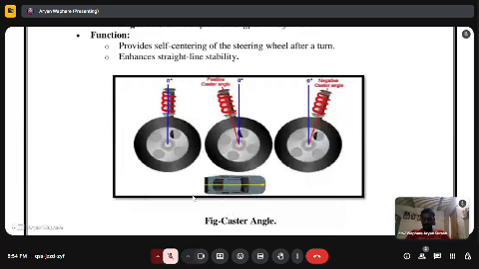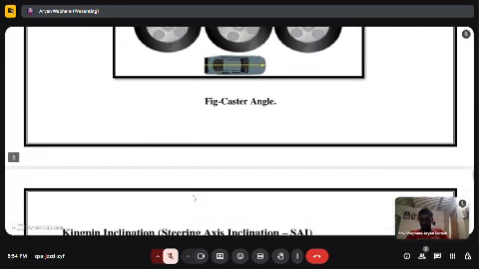There is another schematic related to caster angle. The first shows the neutral, zero degree. The second image shows the positive caster and the third image shows the negative caster angle of the vehicle.